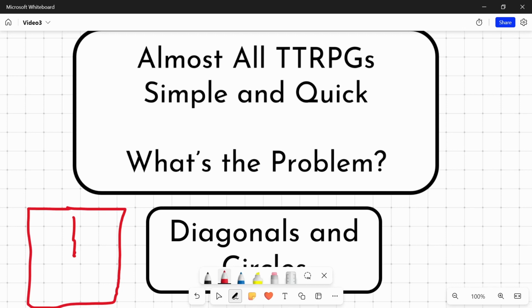Because in D&D, a diagonal movement is 5 feet, the same as a lateral movement, which naturally means this square here is the same distance from the origin as this one here. And so all of your big explosions come out as big squares, and all of your area of effects are squares.